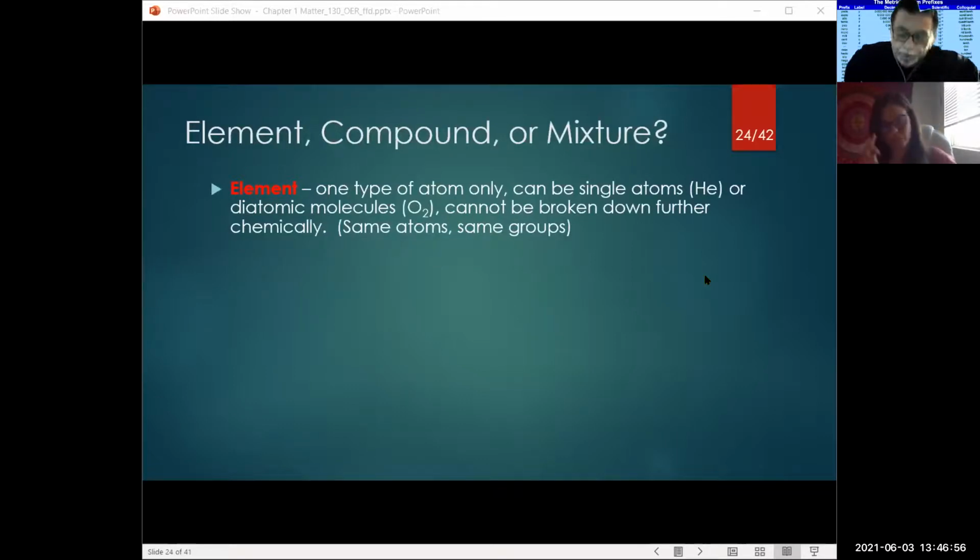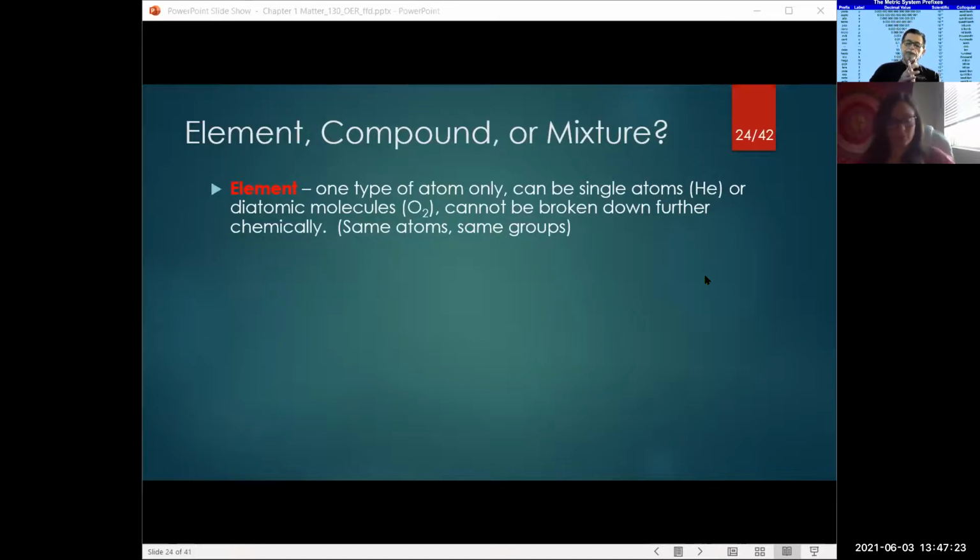All right, so it brings us to elements, compounds, and mixtures. Now, elements, there's 118 elements, of which, if hopefully you downloaded and printed out that periodic table, it lists all of the elements known to date. They are working on more, but they haven't been able to make them.